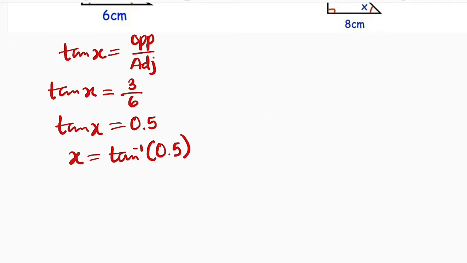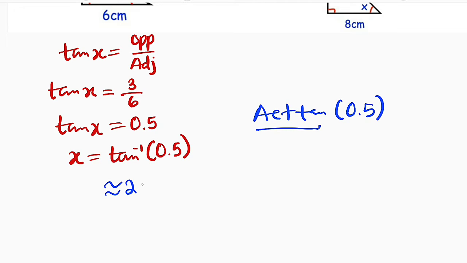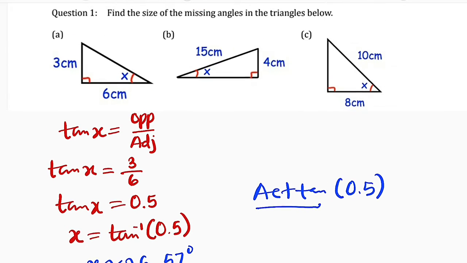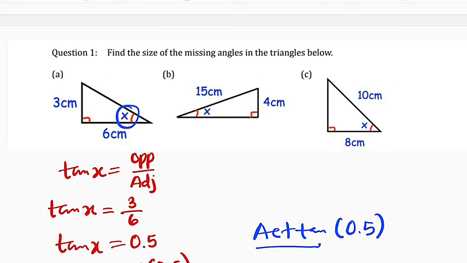You see that like this, arctangent, arctan. If you have something like this, just press arctan, then input the value 0.5 and press enter. It will give you the angle in degrees. Remember, we are dealing with values in degrees. So tan inverse of 0.5 is approximately equal to 26.57 degrees. So this is the value of the missing angle right here.